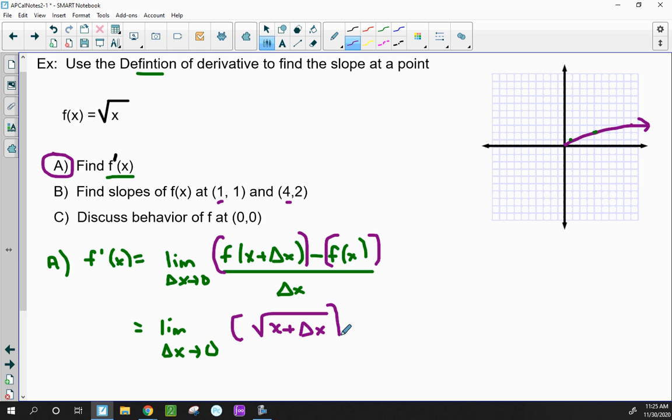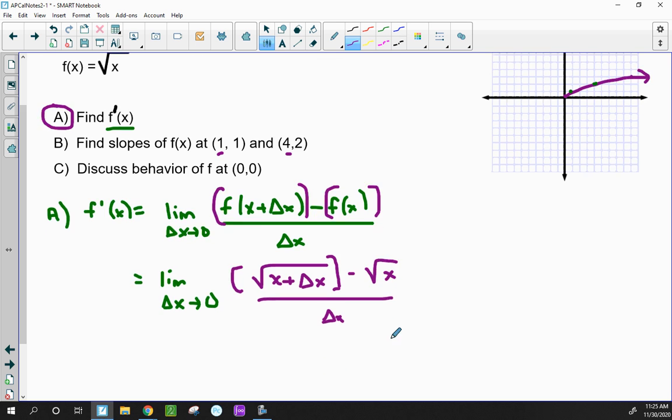Okay, that's what it would look like. And then a minus sign. And then f of x is just the square root of x. That's the function we're dealing with.